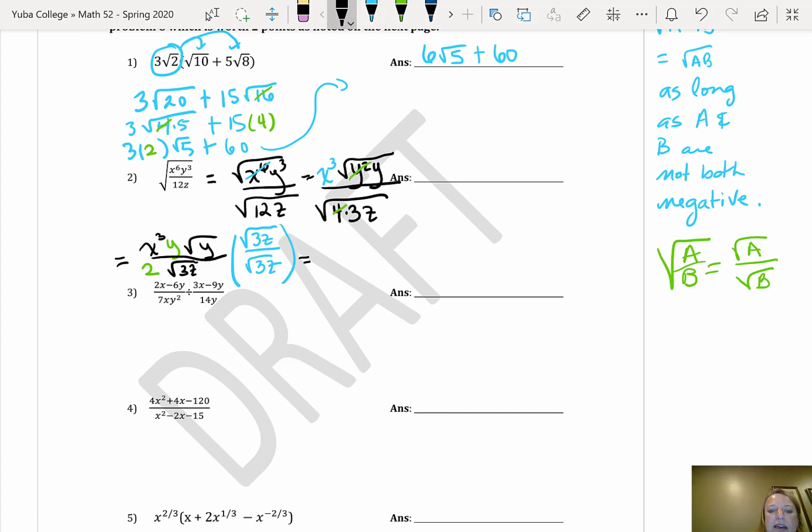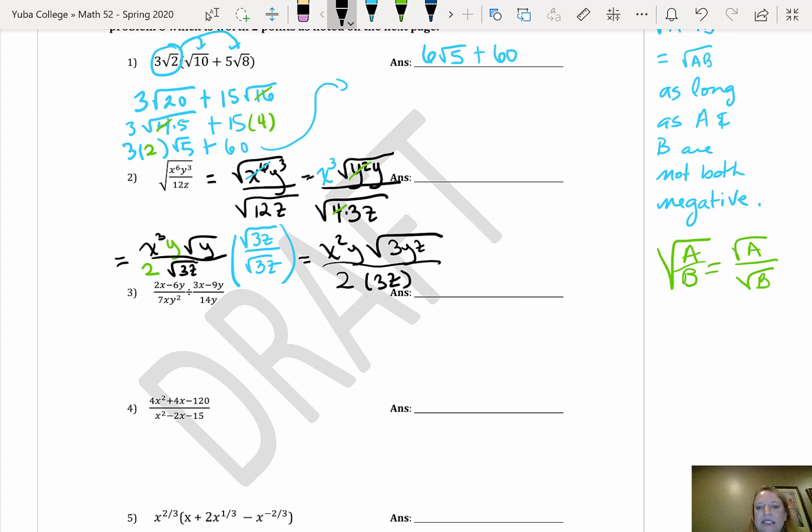Okay, so doing this, we have x squared, y, square root of, so again, using our property that we first talked about, square root of y times the square root of 3z, we can put all of that underneath the one radical, so this could be written as 3yz, all over 2 times, well, the square root of 3z times the square root of 3z is the square root of 9z squared, or just 3z.